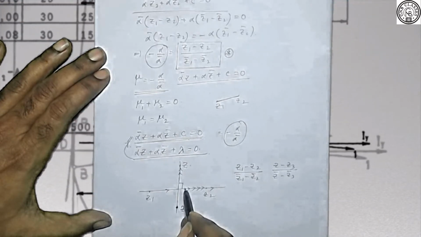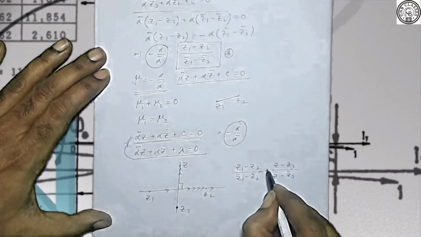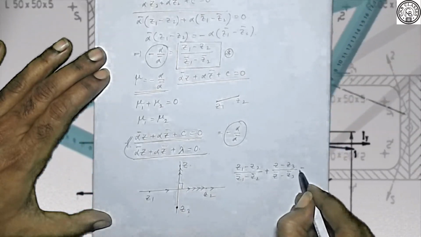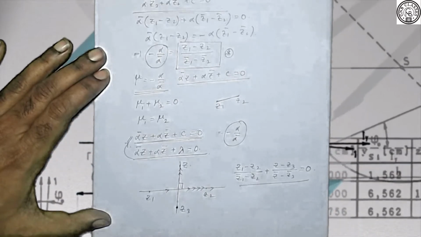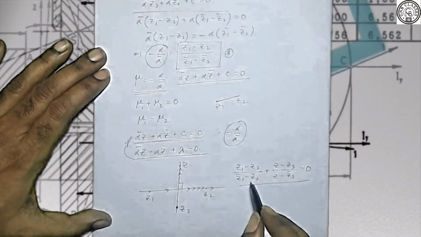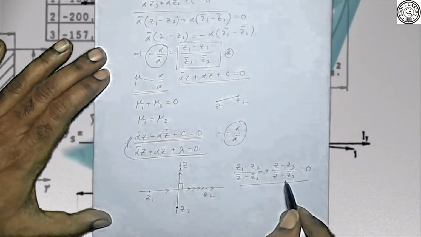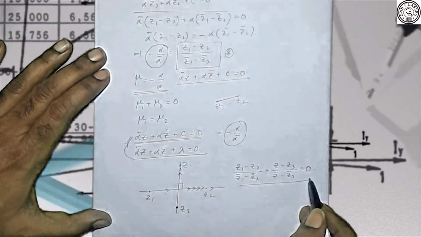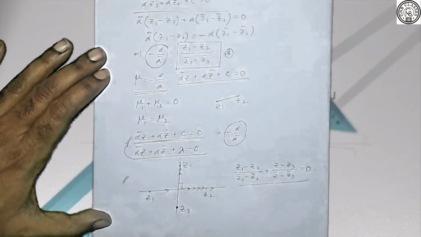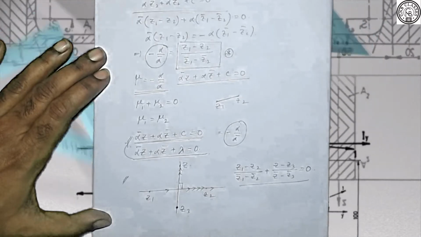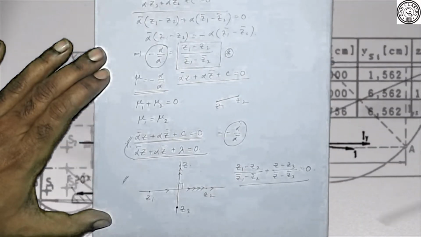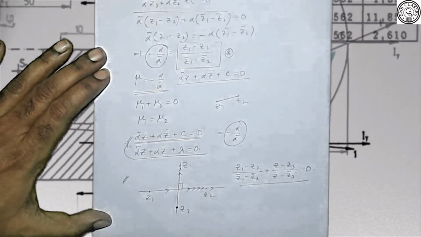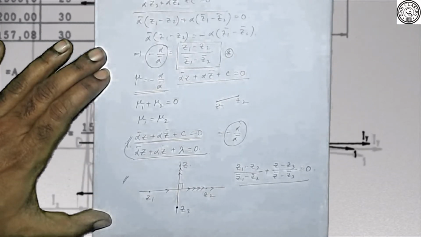Since they are perpendicular to each other, you will simply give a plus sign and set that equal to 0, because we know that when two lines are perpendicular to each other, the sum of their complex slopes is always equal to 0. So that way we can apply the complex slope to find the equation of any line parallel or perpendicular to some line on the complex plane. Is it fine with you?